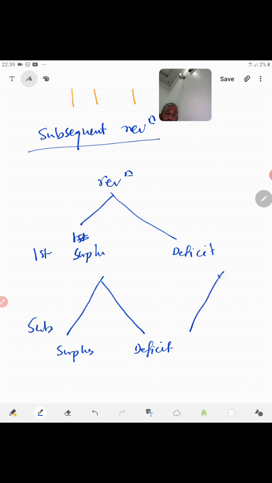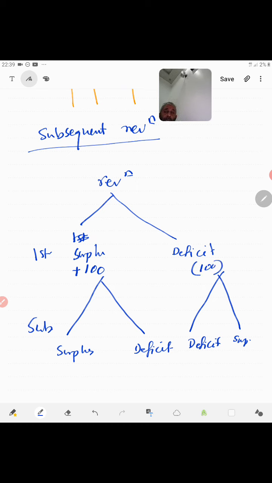Here again we may have deficit or surplus. Let's assume, just to keep this scenario easy, I'll write some numbers. So let me assume the surplus is 100 and the deficit also 100.